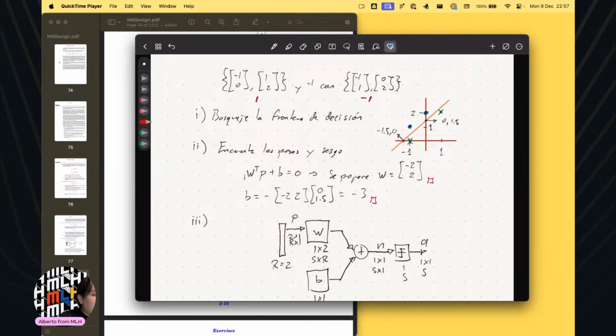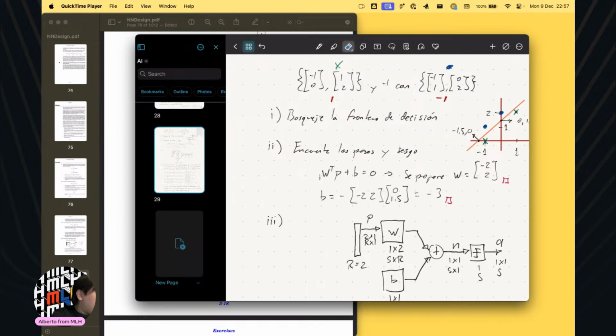If we draw them in the graph, these are the blue circles, right? -1, 0, and 1, 2. Sorry, the green crosses. So these ones are the green crosses, and these ones are the blue circles.